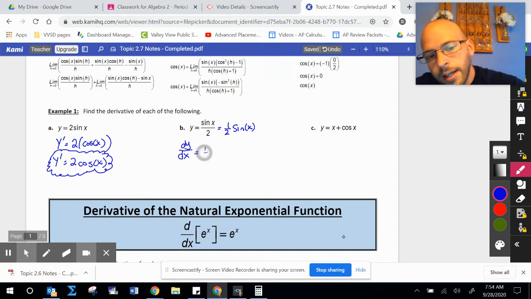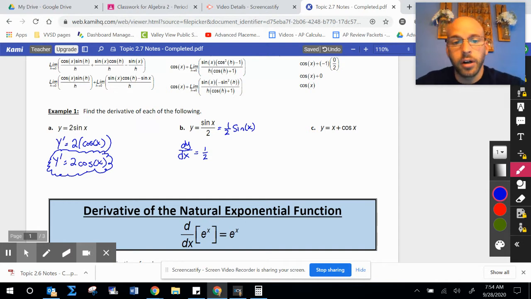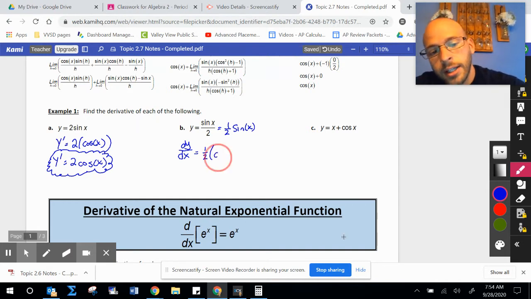And when you have that constant multiplier, that 1/2 does not need to be part of the derivative. Instead, I can just say 1/2 and then the derivative of sine is cosine. And I can say that the derivative then is cosine of x all over 2. Okay? And I get my answer.